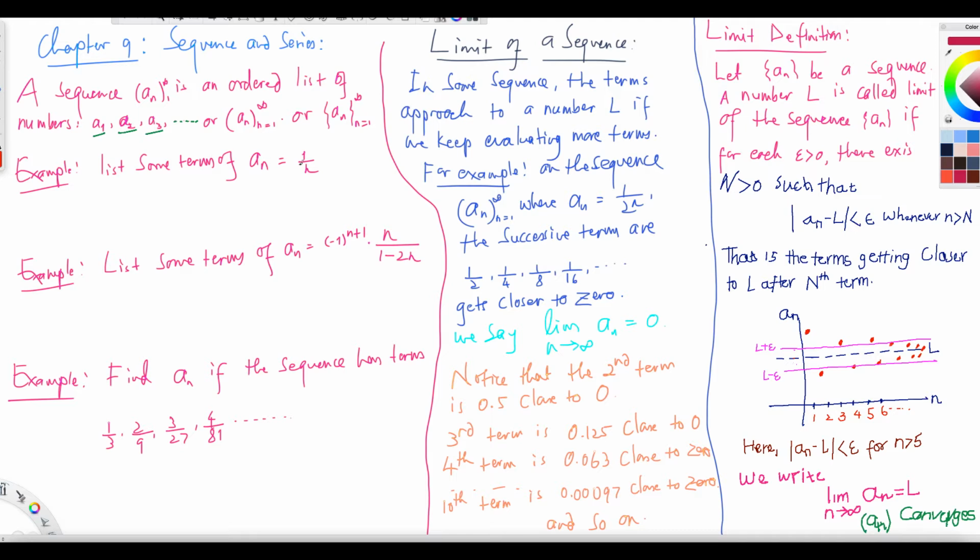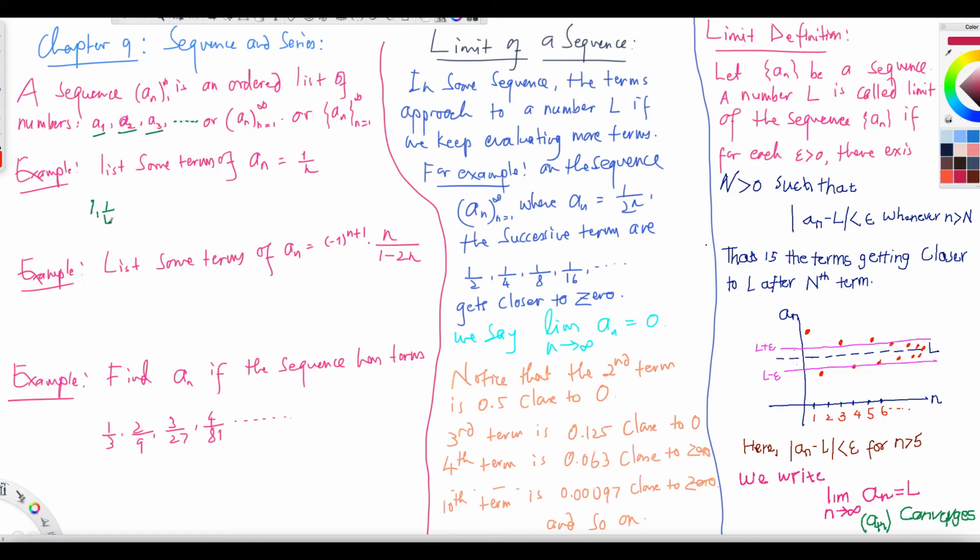So what will be a1 in this sequence? It says list some terms of an equals 1 over n. To find a1, you replace n by 1. You will get a1 is 1. So the first term is 1. If you put 2, then a2 will be 1/2.